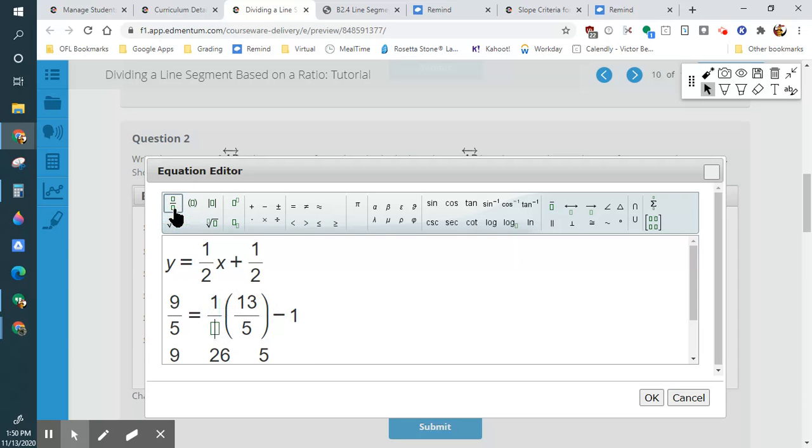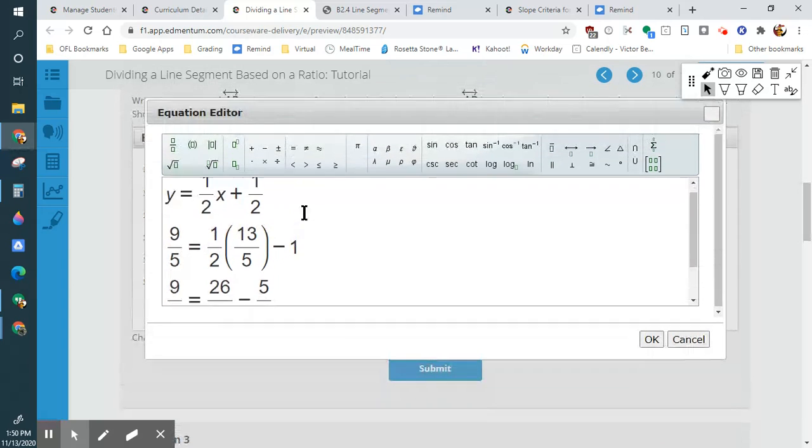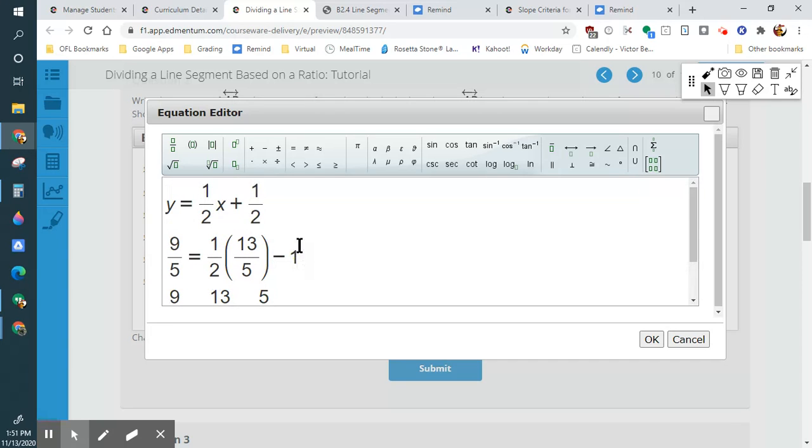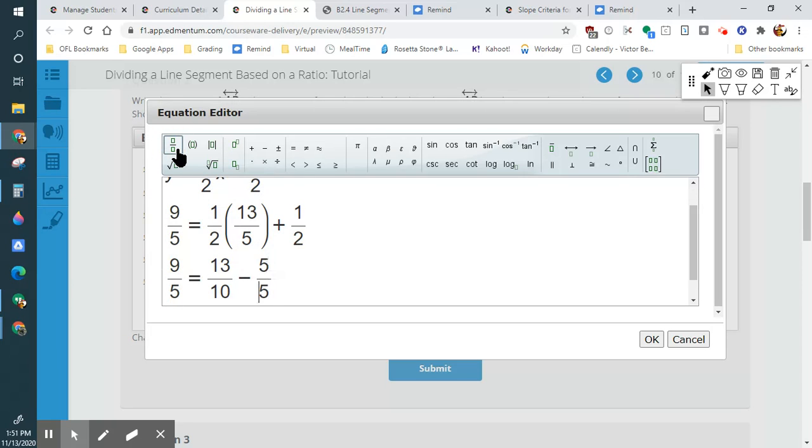So we're going to change that to 1 over 2. Unlike the other one, this does have a denominator to multiply by. So this is 13 over 10. This is 1/2, so plus fraction 1, 2. We're going to change that since this is clearly going to be a 10. We're going to change this to my fraction 5 over 10.